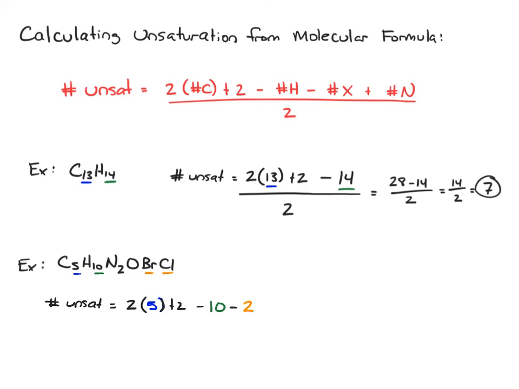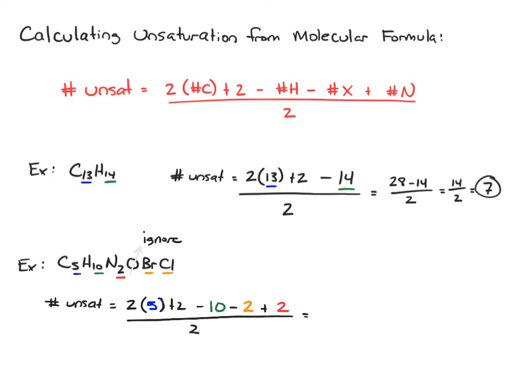and then we add the number of nitrogen. There's 2 nitrogen. And then the oxygen, as we talked about before, just ignore that. So then all of this divided by 2.